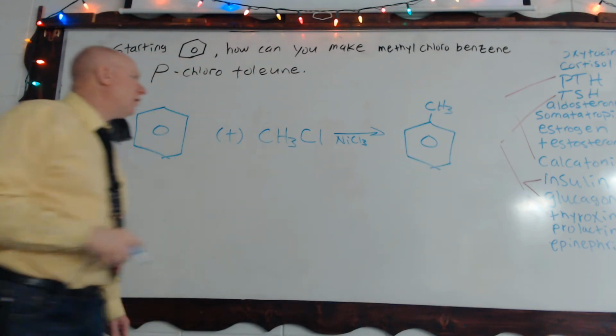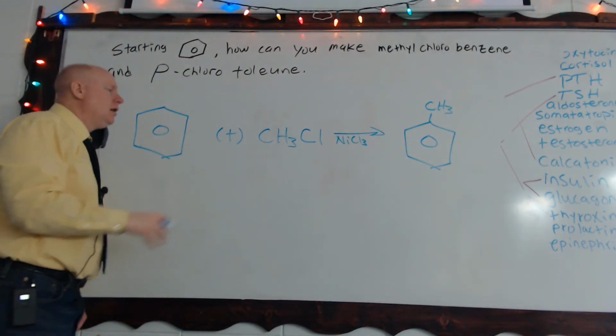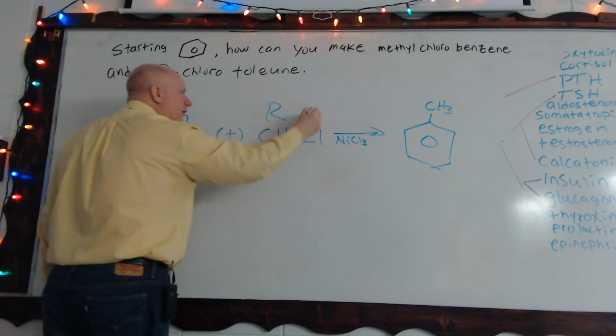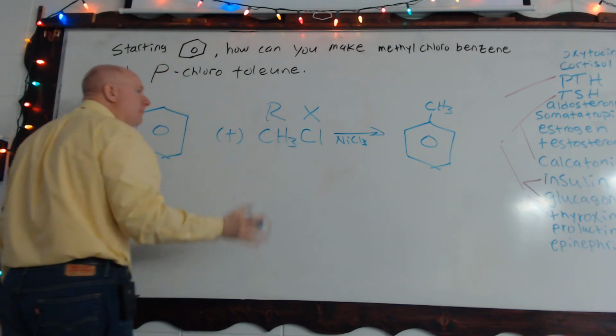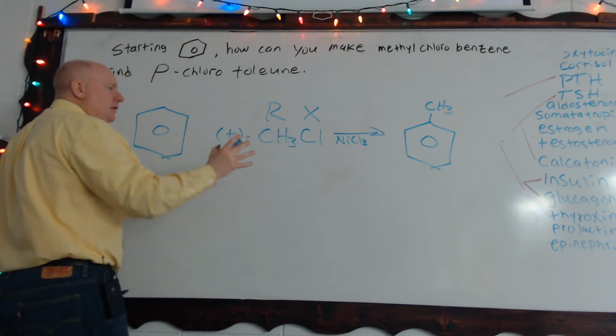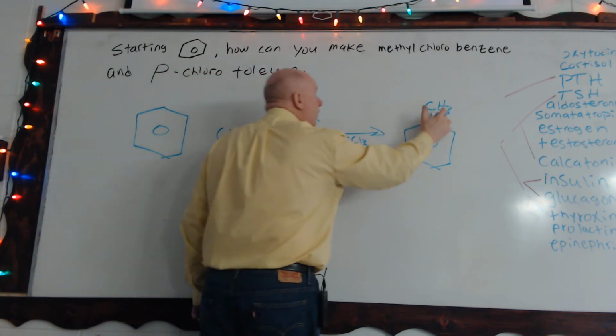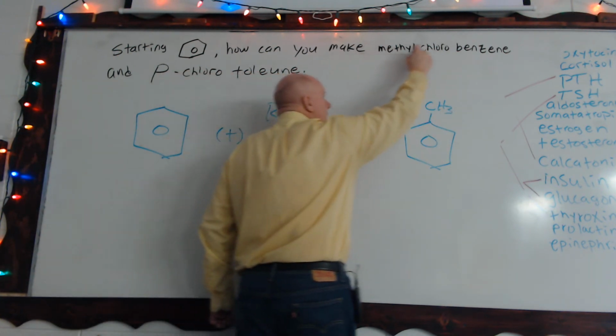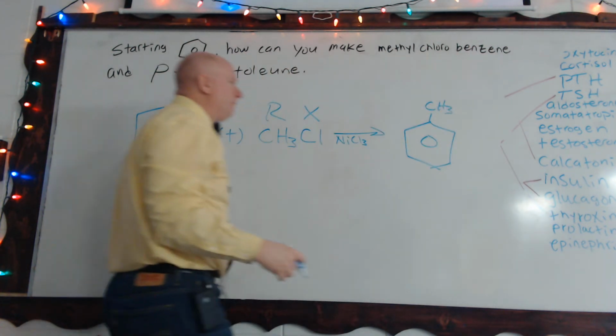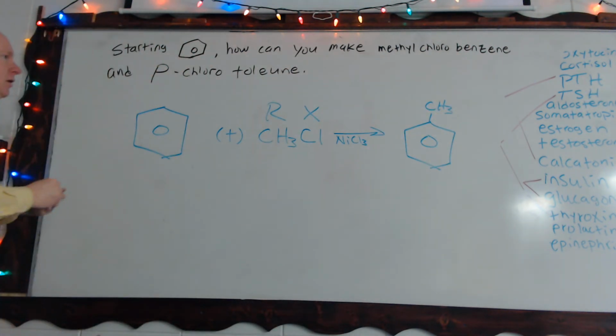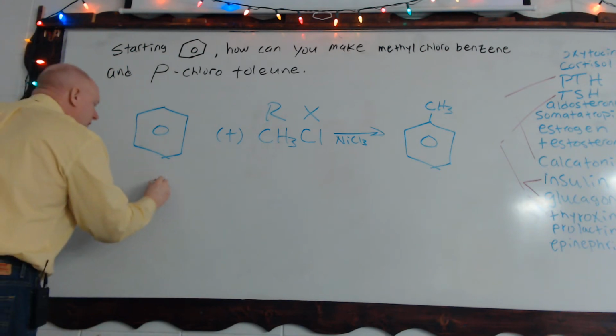now we've got our methyl group on there. So this is R, that is X, and through the process of this reaction, that chlorine gets taken off. Now we've got our methyl group on there. But notice we want methyl chlorobenzene. So in our next step, we're going to continue.